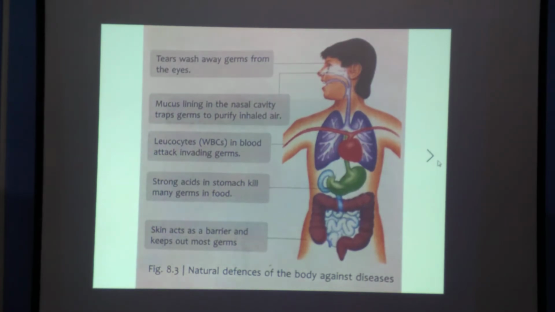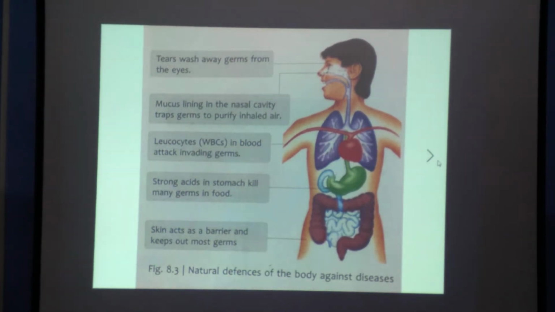So this natural resistance against disease is called immunity. Our body will automatically ward off disease by a special system known as the immune system, in which antibodies are produced which kill or fight the microorganisms that cause diseases.